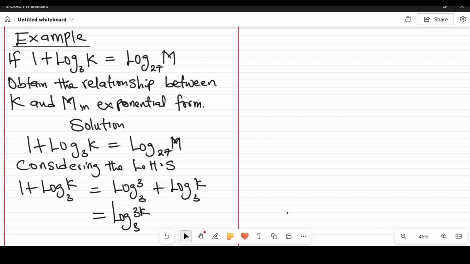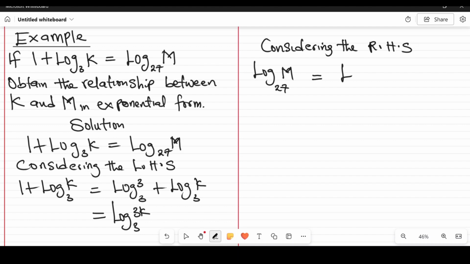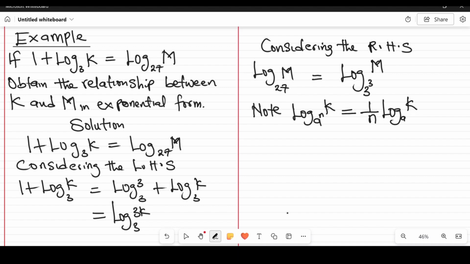Let's now consider our right-hand side. This is log of n to base 27, which can also be expressed as log of n to base 3 raised to the power 3. Now note that log k to base a raised to the power n is equal to 1 over n multiplied by log k to base a.